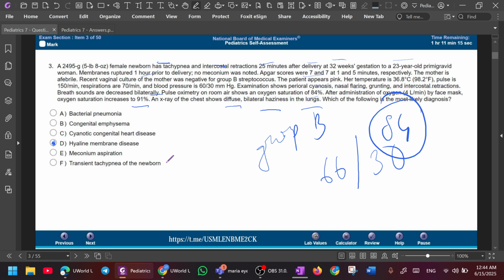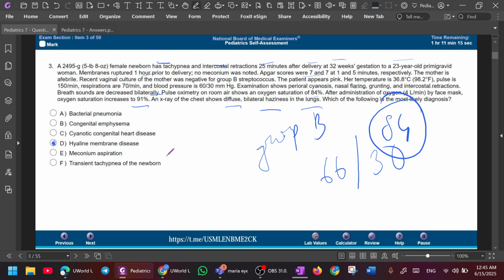The haziness is what they call the diffuse ground glass appearance. I just remember the haziness because we just read the question saying that haziness means atelectasis, and I know that NRDS causes atelectasis. So just keep the word haziness as atelectasis in your mind. I think it will help.